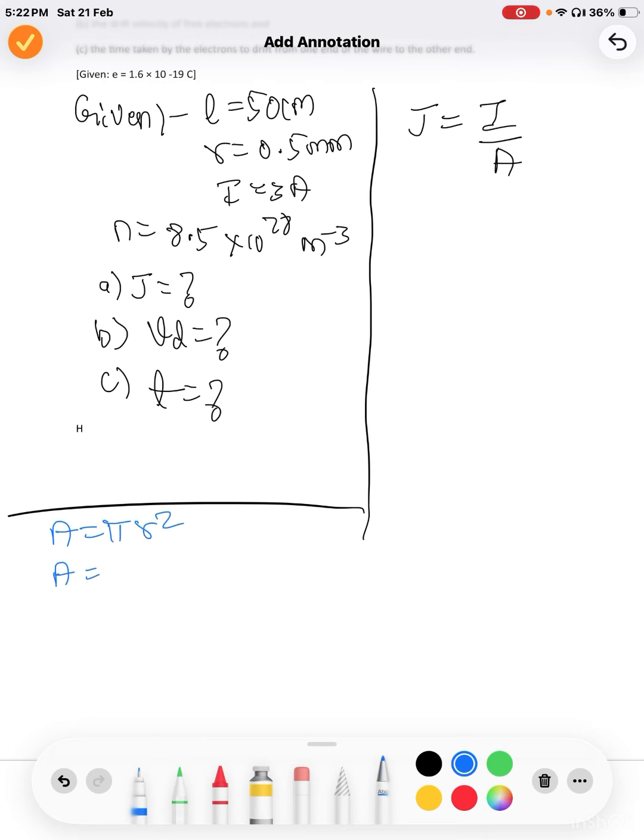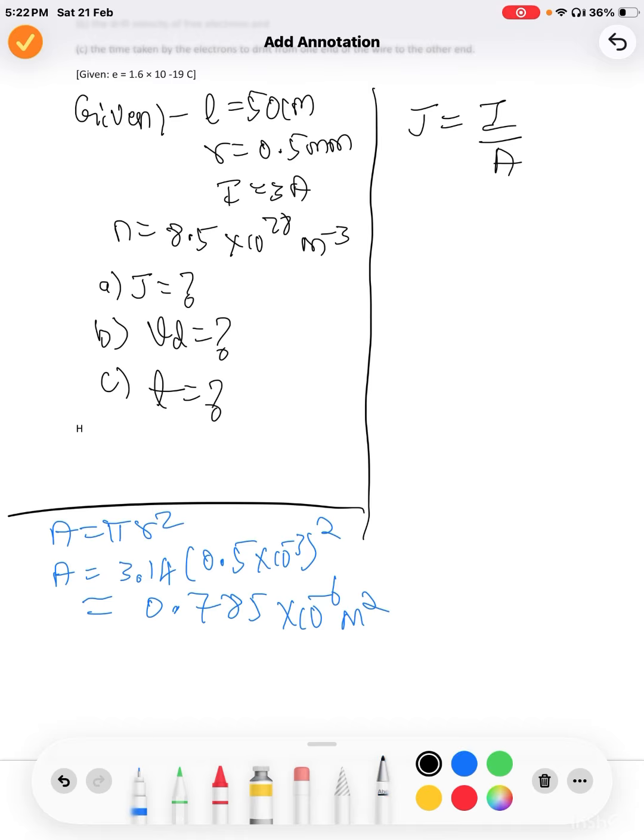So area equal to pi value 3.14 into radius 0.5 into 10 to the power of minus 3, squared. So this becomes 3.14 into 0.5 square, which is 0.25 into 10 to the power of minus 6. So multiplying, it becomes 0.785 into 10 to the power of minus 6 meter square, which is the area.